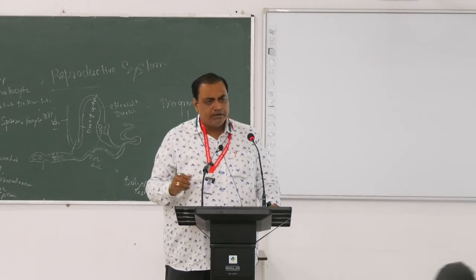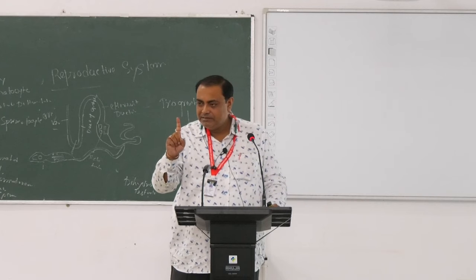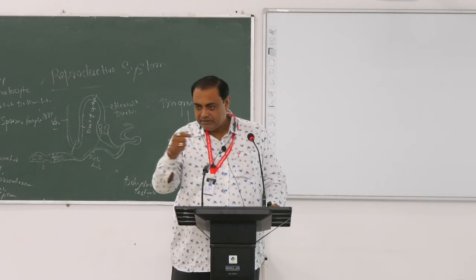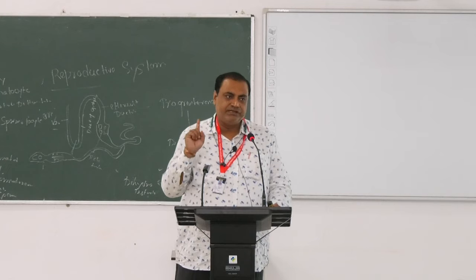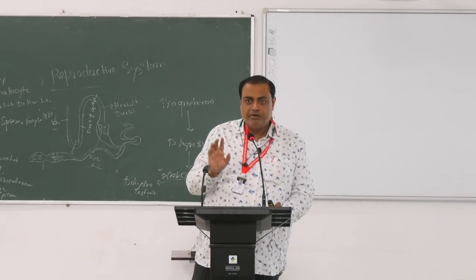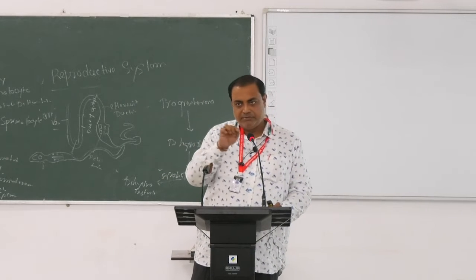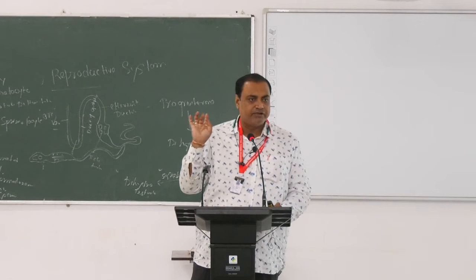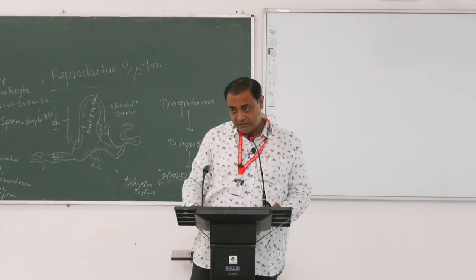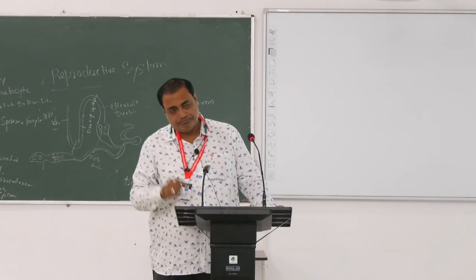So there, light passes from side to side. The path length is 1 centimeter, fixed. The diameter of the tube is 1 centimeter, fixed. Be it cylindrical, be it square, the light path length will be 1 centimeter fixed. In ELISA, the light passes from bottom to top.